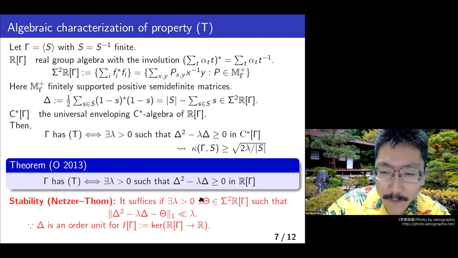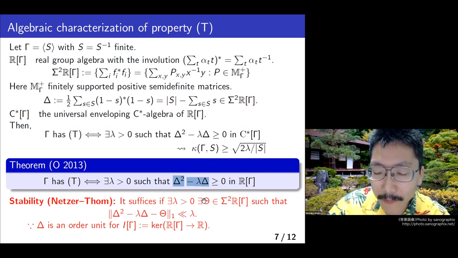And for the actual implementation on a computer, it's really nice to have the following stability property. You don't have to confirm that delta square minus lambda delta is in the sum of squares. You just confirm that it is close to a sum of squares, some element in the sum of squares.